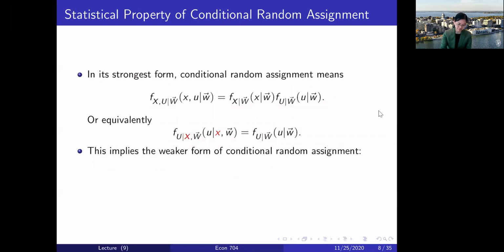And the conditional density formula is the following.